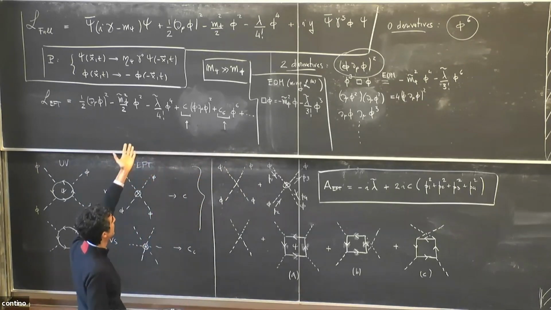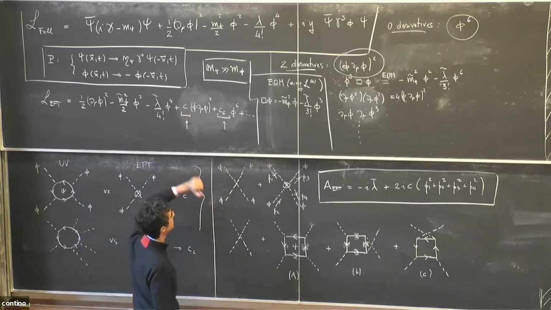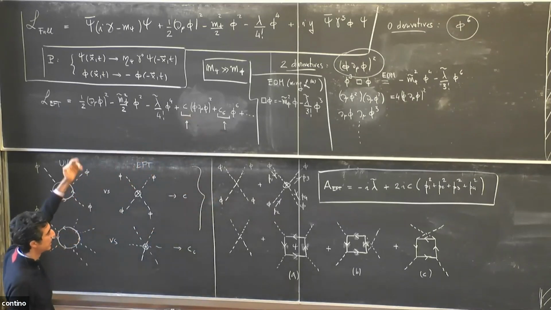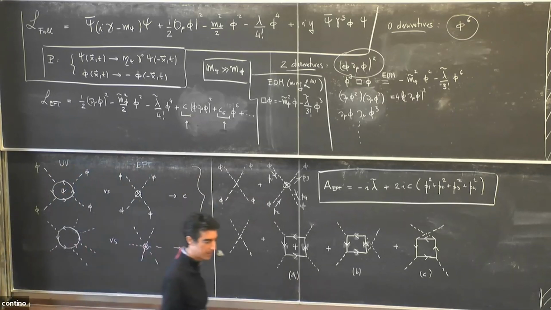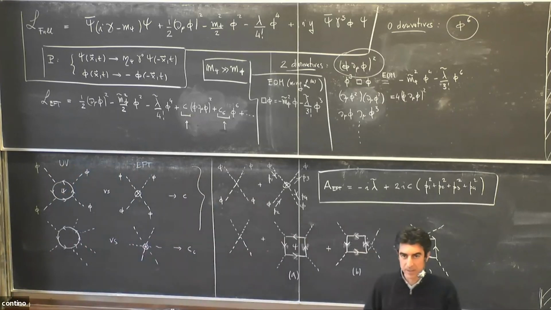At this point, I'm left with C and C6, which are the only two unknowns. To fix the value of these coefficients, I necessarily have to do the calculation in the UV theory. There is no other way, of course. Am I addressing your question?